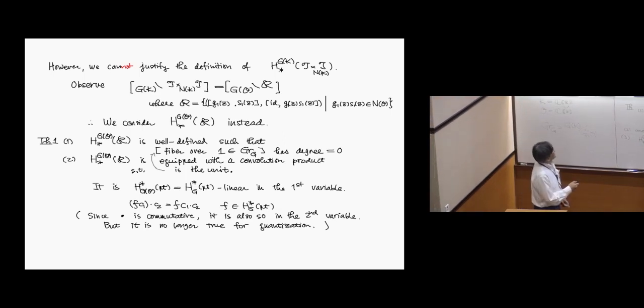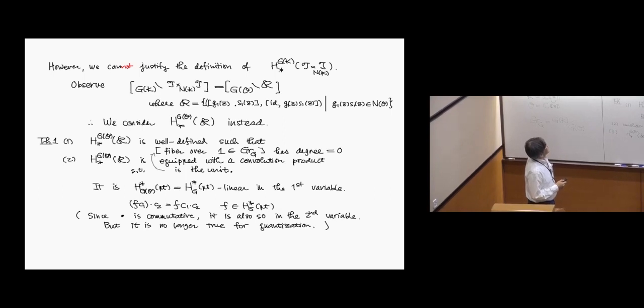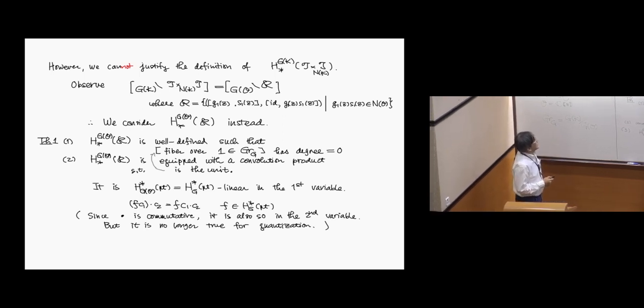And this convolution product is linear in the first variable. So f times c1 convolved with c2 is equal to f of c1 convolved with c2. Later we will see that the convolution product is commutative.